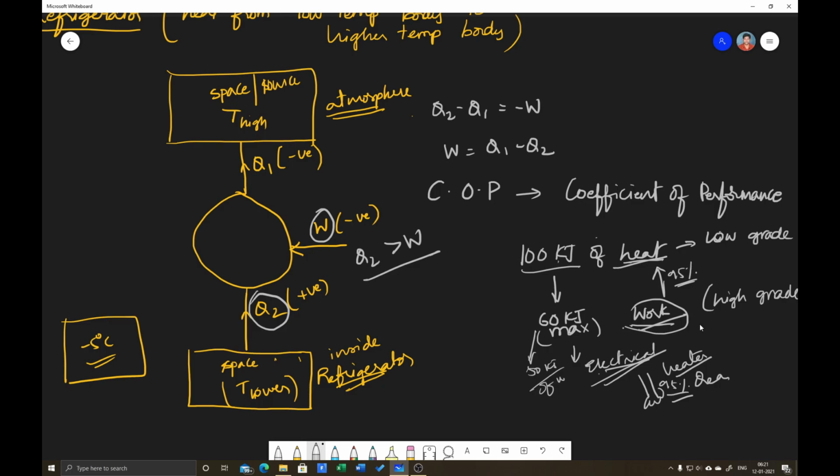If high efficiency materials are used, you can convert almost 60 kilojoules. So that is why work is a high grade energy, whereas heat is a low grade energy. You can't compare these two in the name of efficiency. So here Q2 is a low grade energy, whereas work is a high grade energy, and that is why the low grade energy will be higher than work.